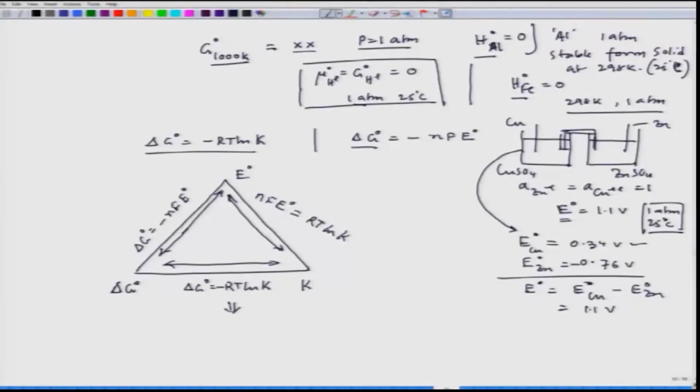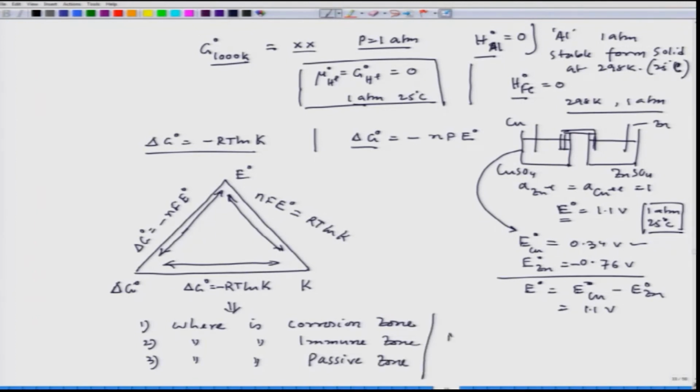So, this triangle will let us know where the corrosion zone is, where the immune zone is, and third, where the passive zone is, for a situation when a metal is exposed to aqueous medium of different pH.